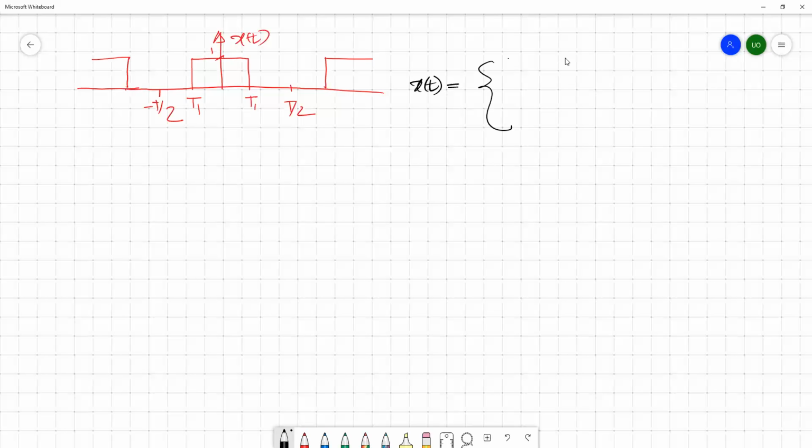One is 1, and t is in between t1 and minus t1. This is minus. So 0, otherwise.